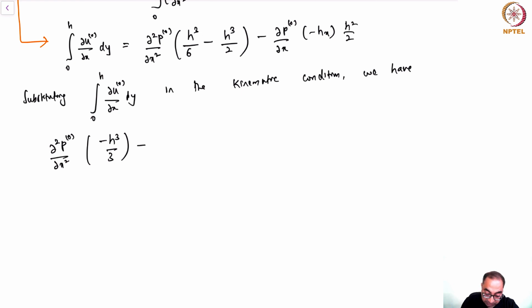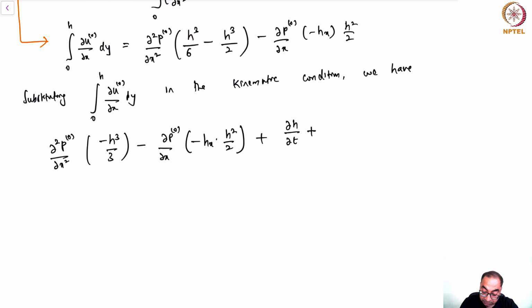The next term essentially becomes del p0 by del x times minus hx times h square over 2. Then I have the two terms in the kinematic condition, that is the time derivative with respect to t, and then I have velocity u0 times del h by del x.